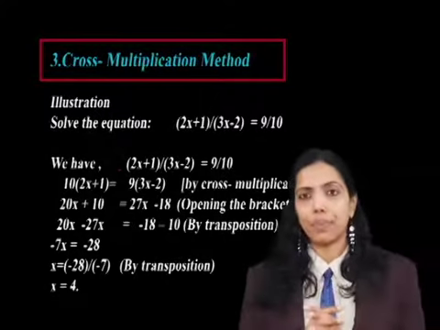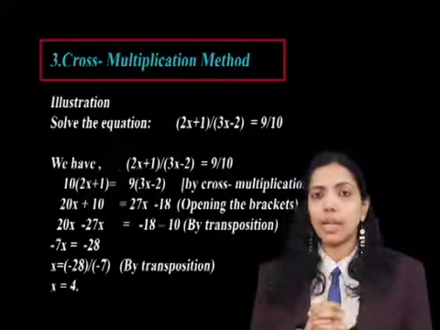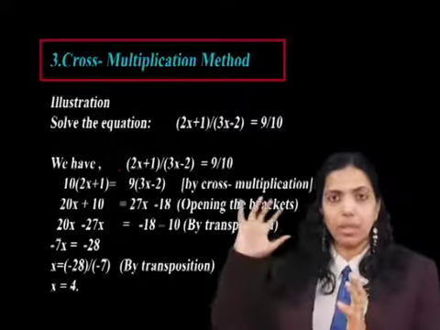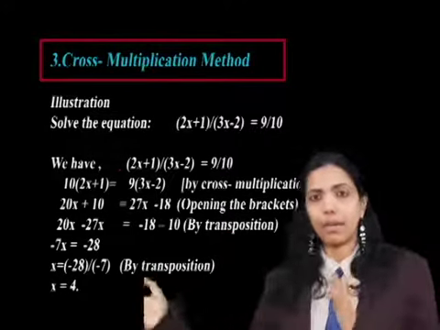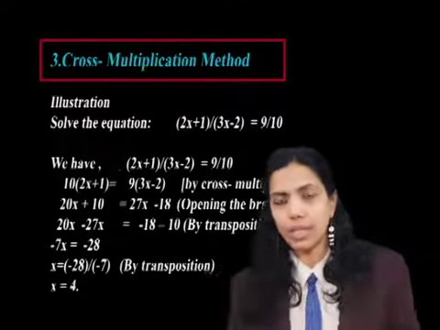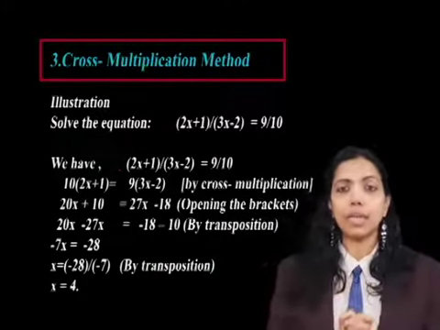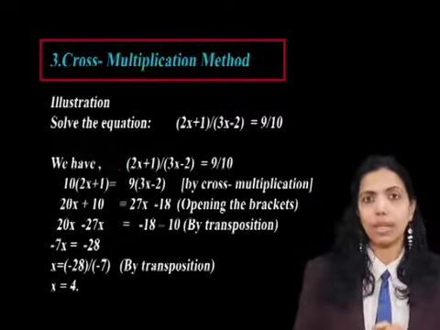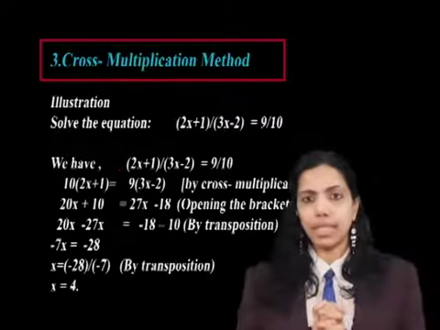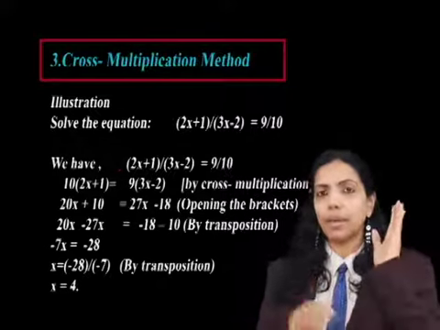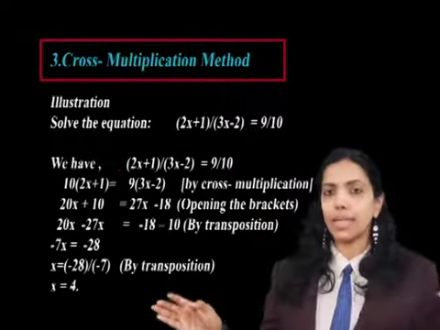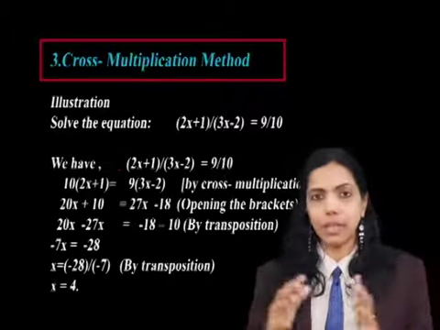So the first step, on the left side we have 20x. Push 27x from the right to the left. Of course, the sign changes. We are getting 20x minus 27x equals minus 18 on the right hand side, and we are moving plus 10 to the right hand side. It will turn as minus 10.